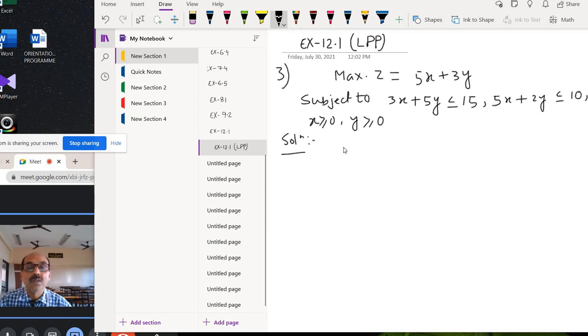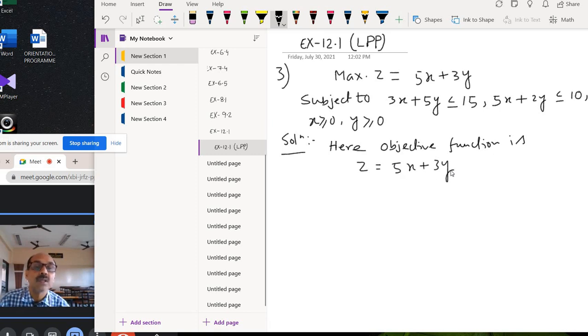So here the objective function is z = 5x + 3y.